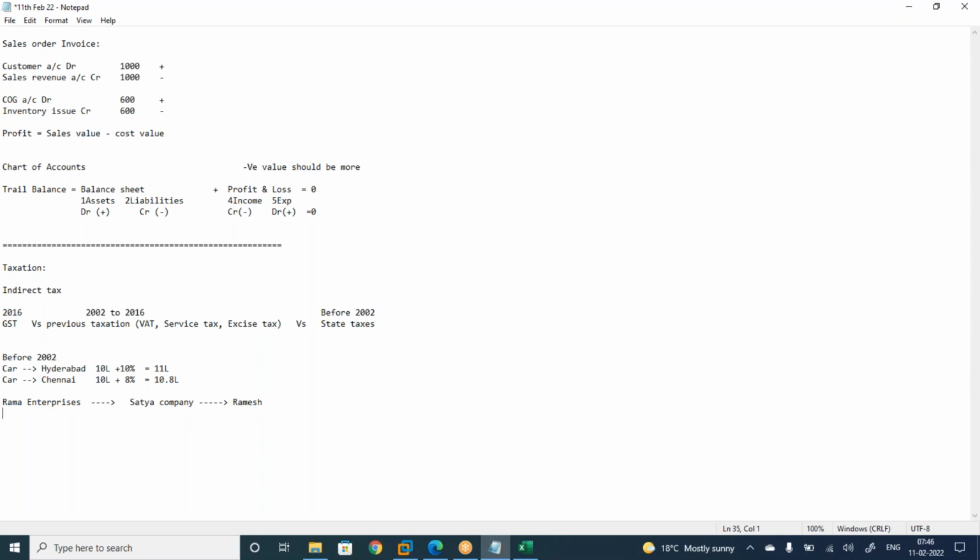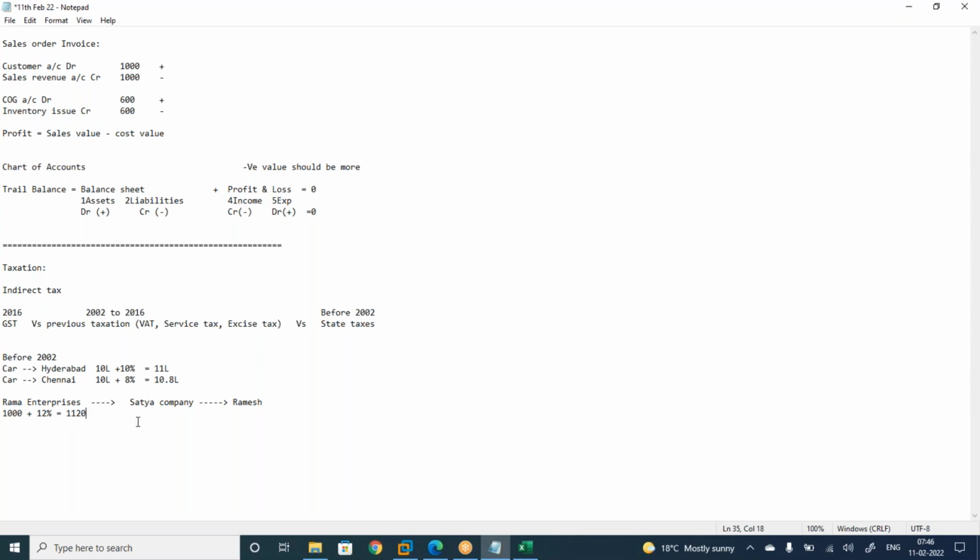Now take the example of coffee. One kilo of coffee is 1000 rupees. He will collect taxes, suppose 12%, then it will become 1120. 12% is 120, so 1120.